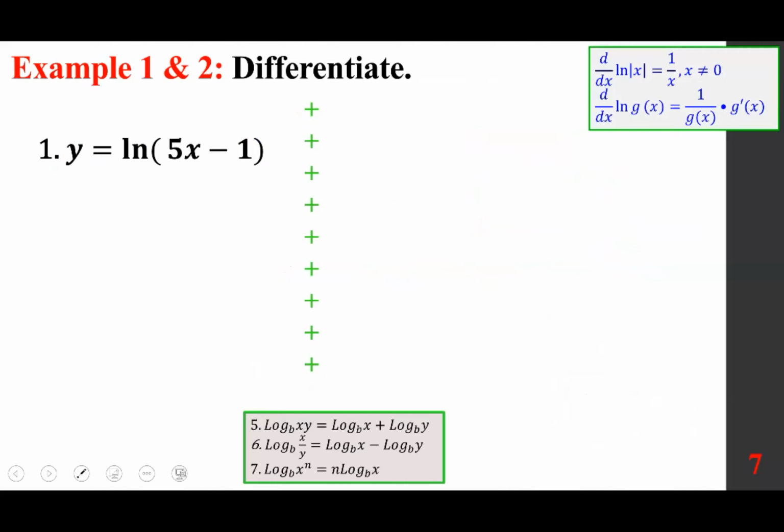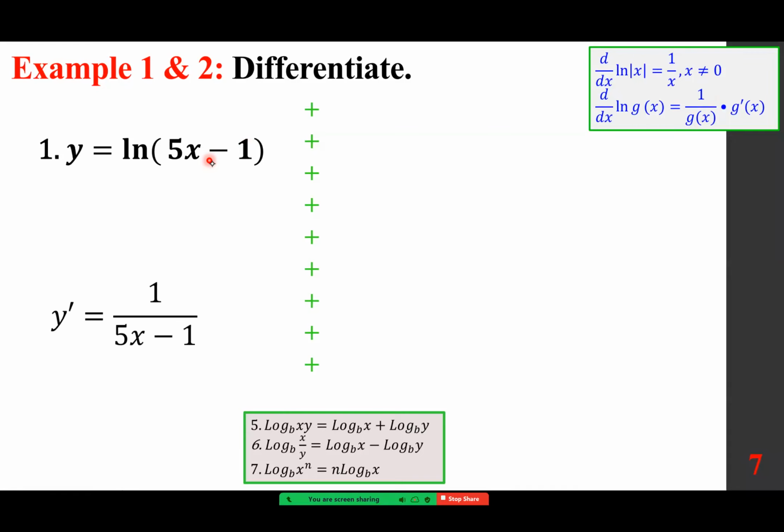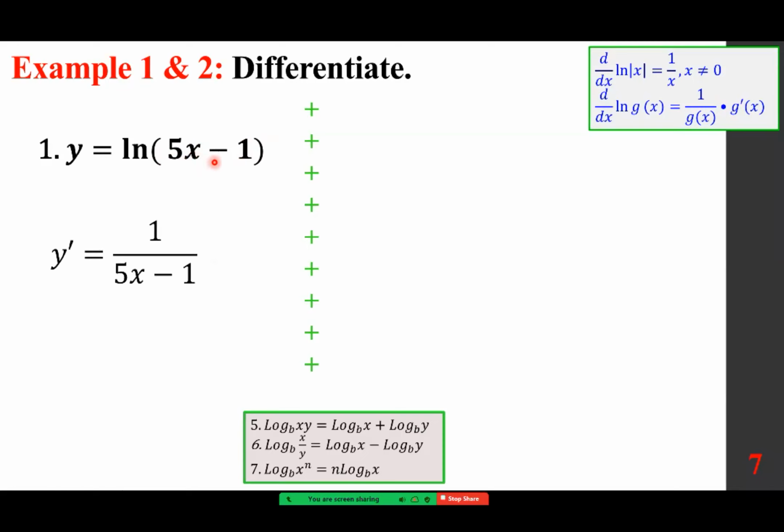According to the rule that was just discussed, we just flip this over. 1 over 5x minus 1. And then we need its derivative. The derivative of the argument of log, this is called the argument of log, is just 5. And then we rewrite it. That's all you have to do, class.